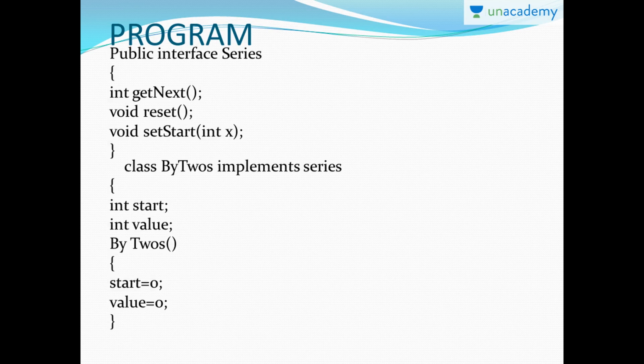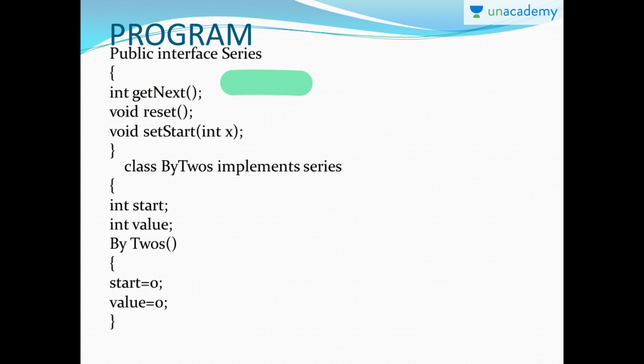To understand the interfaces better, let's see a program where we have a series of numbers. Let's see what that is and how we get the output. First we have an interface. As I've told you all, an interface is always public, so I've put the word public interface series.